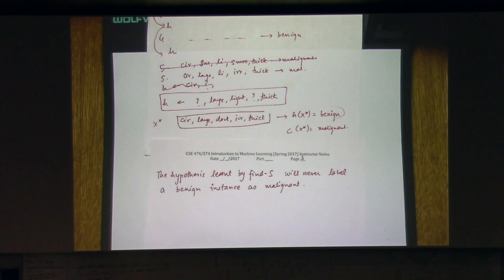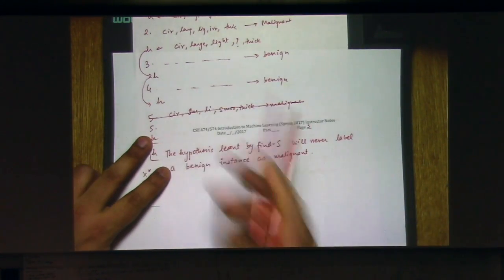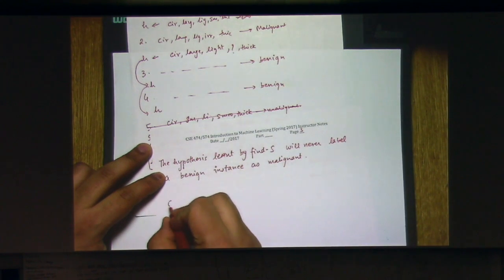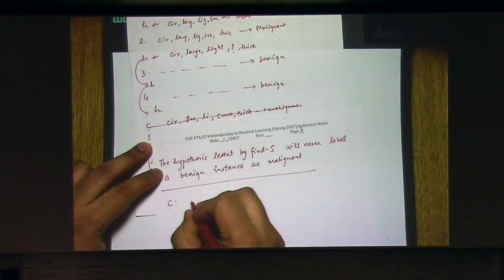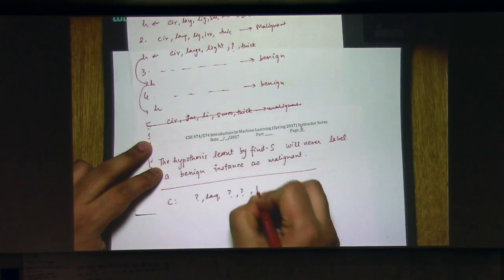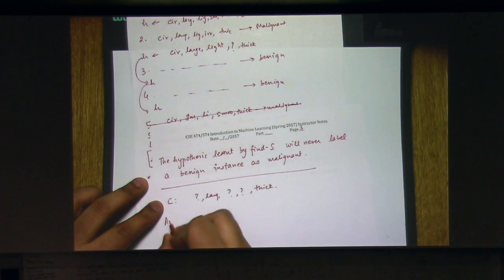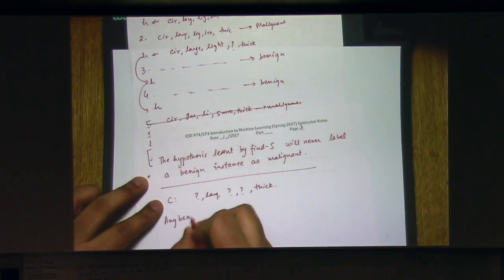Which means that at any point, if there is a benign example, an example that does not belong to the concept, the reason it is benign is because it does not agree with the target concept. So for example, let me rewrite it. C is question mark, large, question mark, thick.